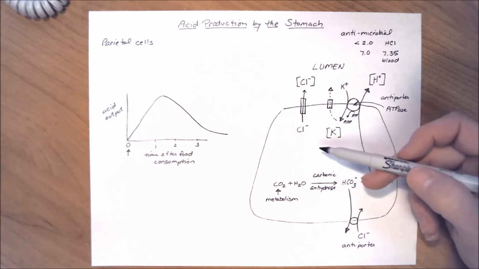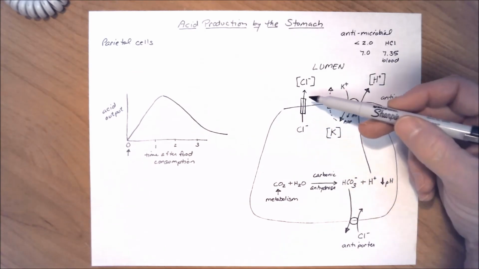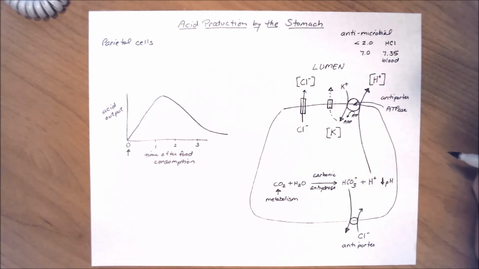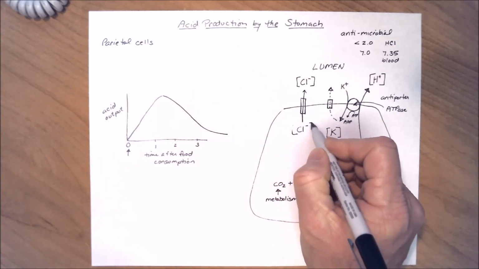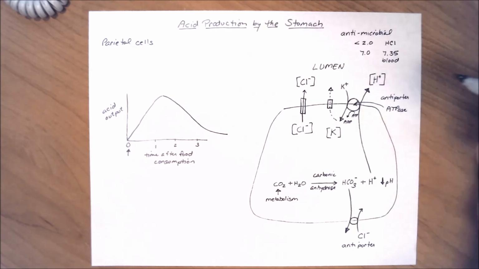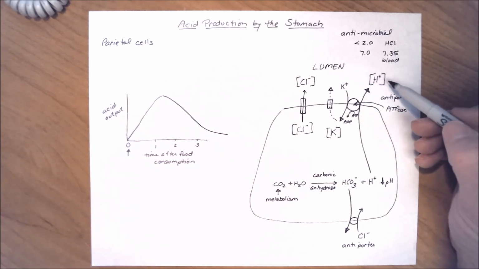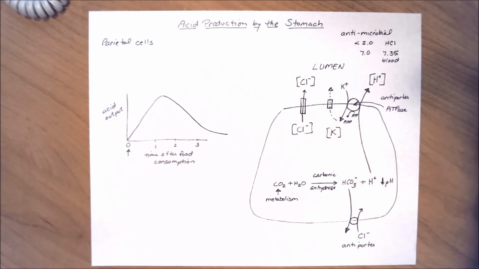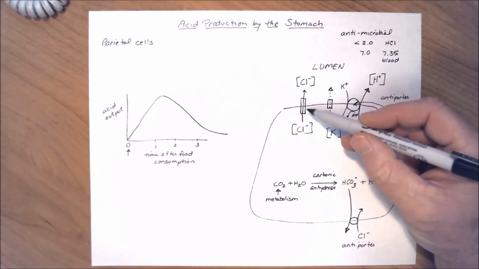So we have a concentration gradient of high chloride inside, low chloride in the lumen. The other thing that's going to drive this reaction is charge. Because the chloride ion is negatively charged, and we have a high concentration of protons being pumped out into the lumen because of this ATPase activity, this positive charge will help draw the negative charge. So we have an electrical gradient as well as a chemical gradient.